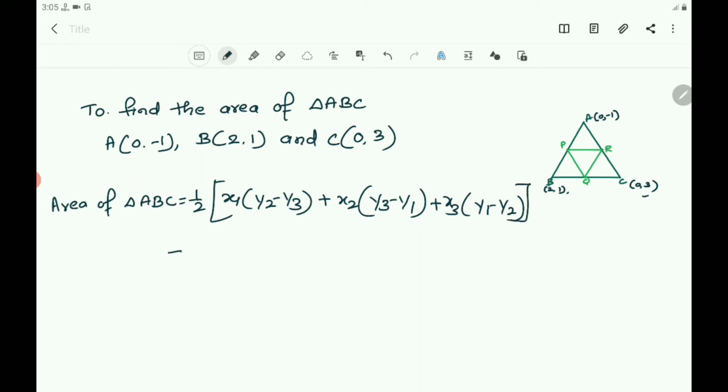Then you substitute the values. 1 by 2, x1 is here x1 y1, this is x2 y2, this is x3 y3. Now what is the value of x1?